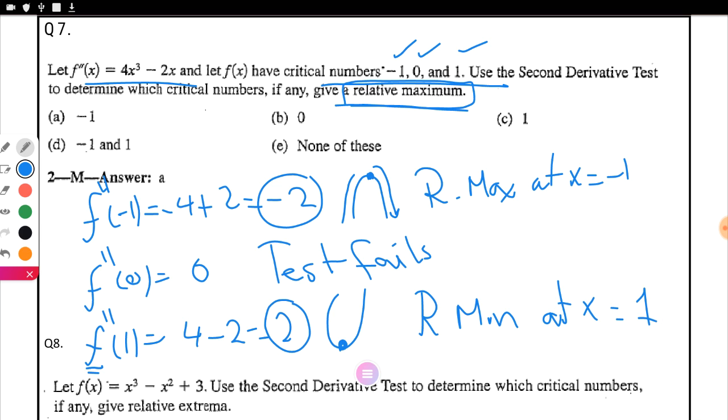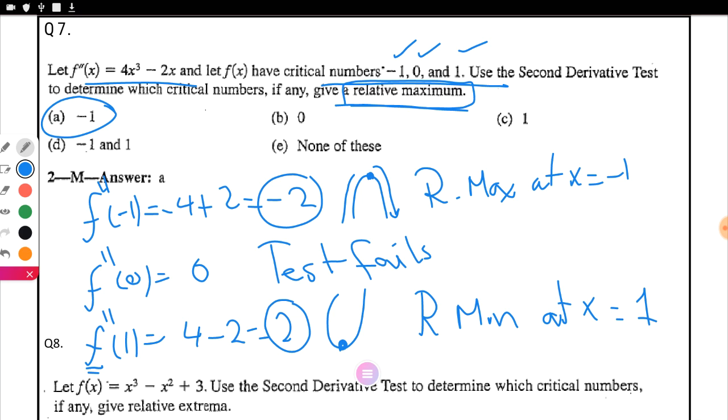But he asks which one of these critical numbers has a relative maximum: at x equal -1. So that is why our choice is x equal -1. I hope you understand.